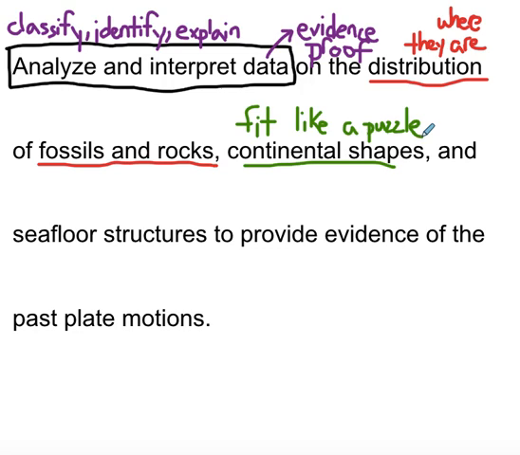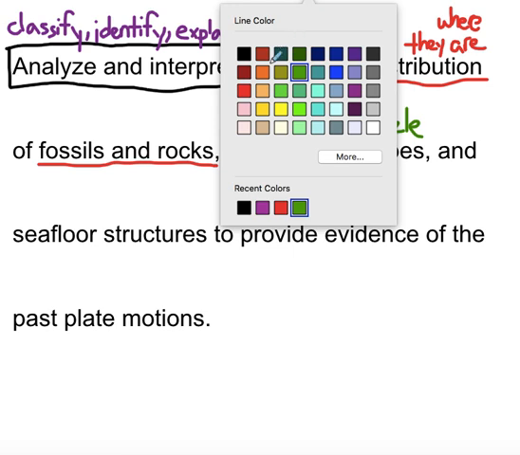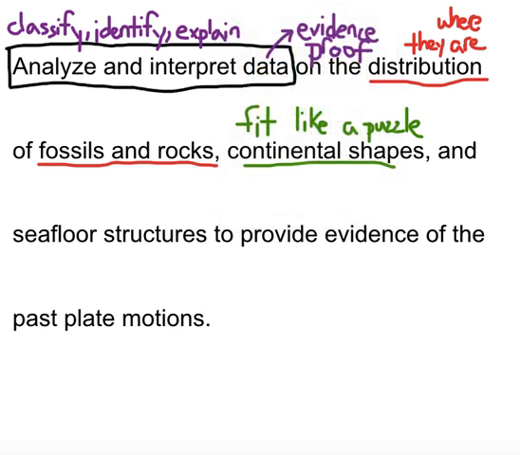And the last big type of evidence that we're going to be dealing with will be the fact that there's things called seafloor structures. If we break this down, seafloor means that it's located on the bottom of the sea or the ocean, and structures are things that have formed. So sometimes at the bottom of the sea you'll find little mountains, or you'll find valleys, or maybe even a volcano at the bottom of the ocean.